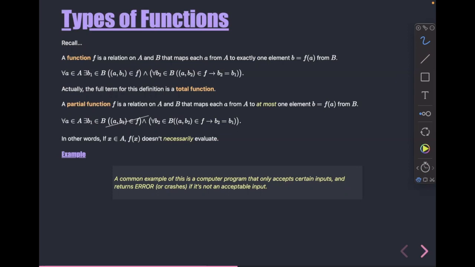I'll get an error, or it might crash. So the difference between a total function and a partial function is that a partial function still has that behavior where there's only one result, but it doesn't necessarily have to have an output.